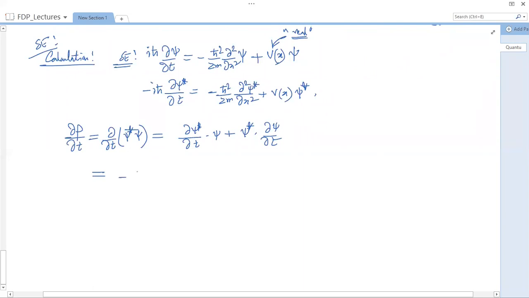From the first equation, you get 1 by i h bar, and you get the entire thing: minus h bar square by 2m d2 psi star by dx square plus V psi star, times psi.